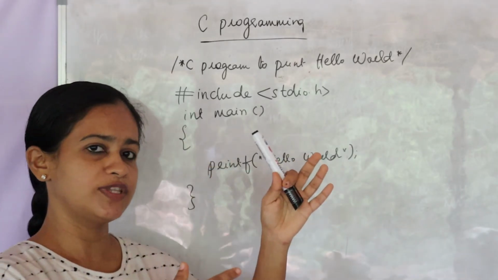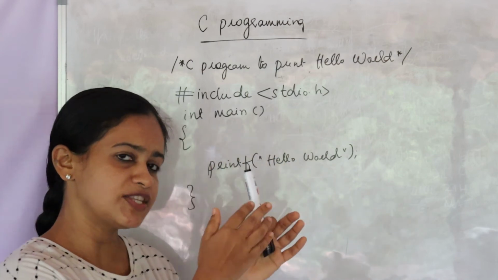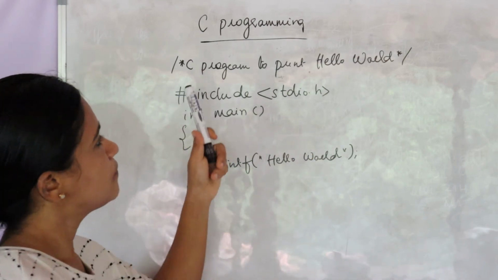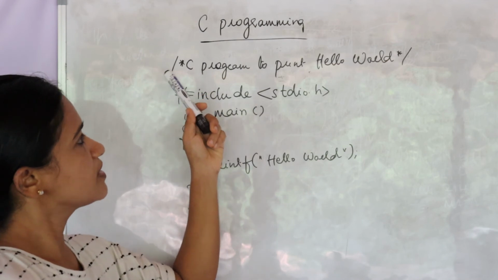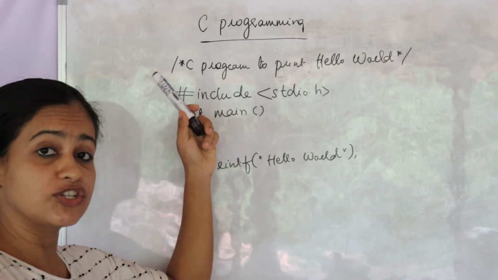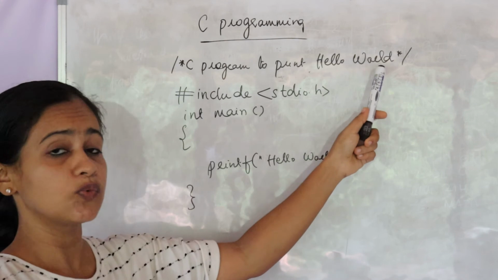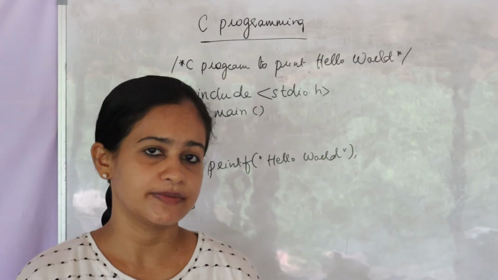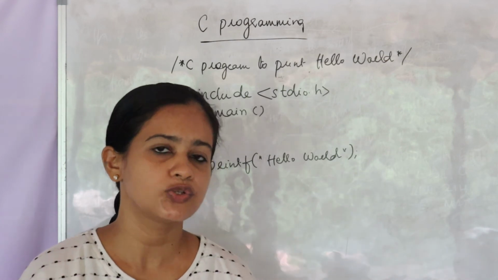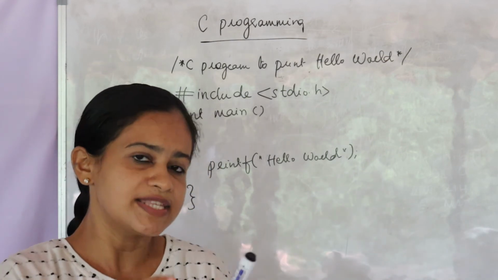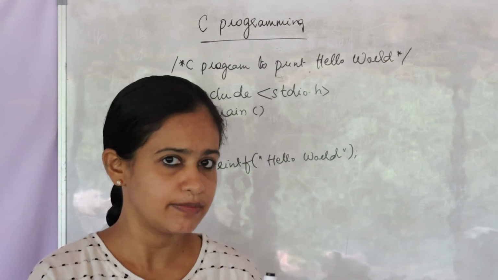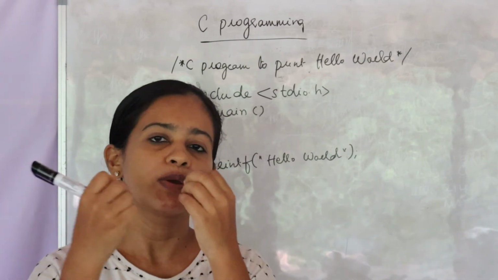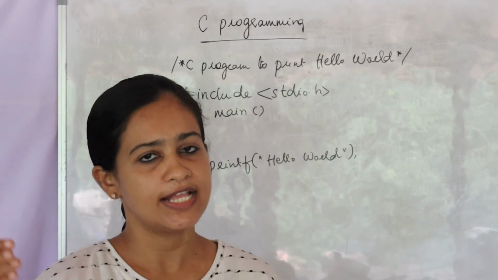Now let's get back to this simple C program and understand it instruction by instruction. What do each of them mean? First, here I have written /* C program to print hello world */. This is nothing but a comment. Why do we add comments to a program? Comments are added for better understandability of a program. For example, you were given a program written by someone else.